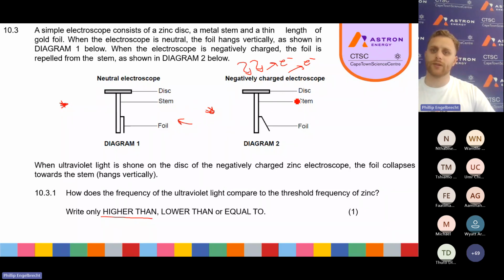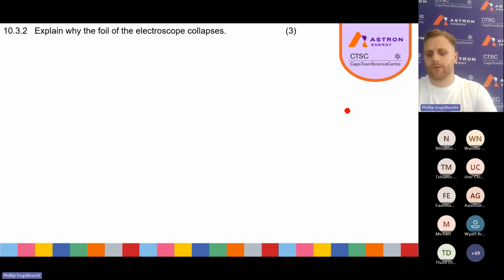Remember, the emitting of electrons only occurs if the frequency of your light source is greater than the threshold frequency, okay? Well done.